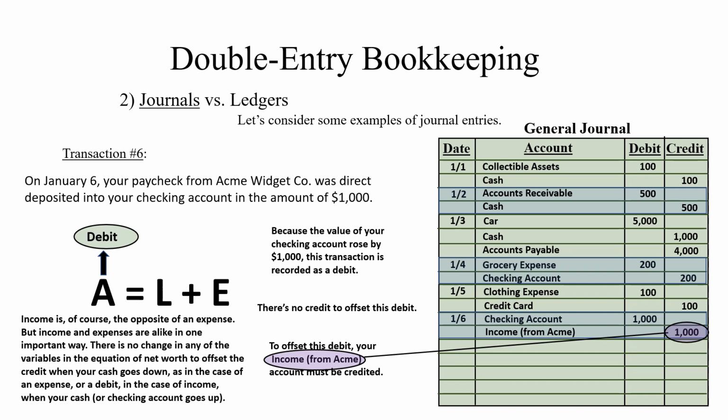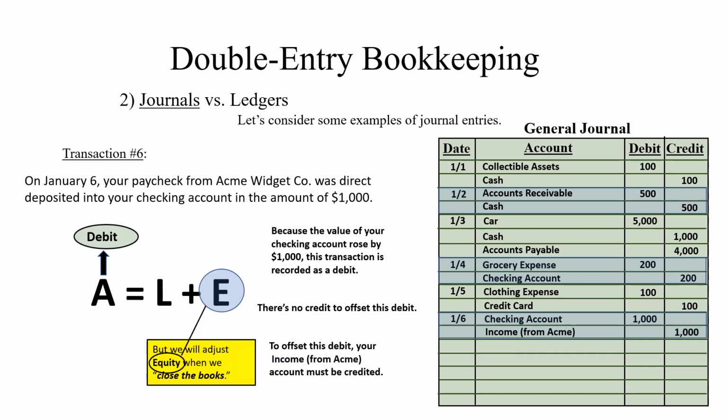Income is, of course, the opposite of an expense. But income and expenses are alike in one important way. For each, there is no change in any of the variables in the equation of net worth to offset the credit when your cash goes down, as in the case of an expense, or a debit, as in the case of income, when your cash or the value of your checking account goes up.